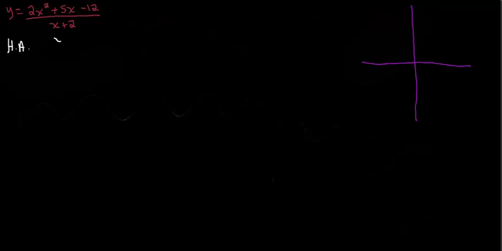Okay, so look at your denominator, compare it to x minus a. If it's going to be x plus 2, then a has to be negative 2. Grab your coefficients and let the fun begin. Bring this down. Negative 2 times 2 gives you negative 4.